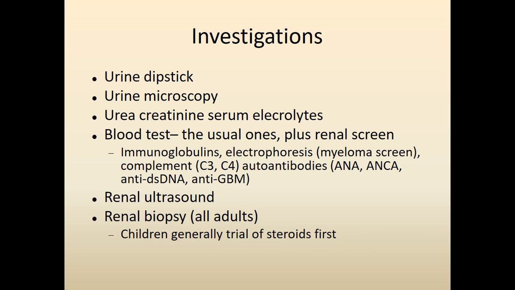These lesions are diagnosed on renal biopsy, so renal biopsy is the gold standard test in glomerulonephritis or nephrotic syndrome. But in children, we should not go directly for this test. We should give a trial of steroids, as I said earlier, because minimal change disease is 80% of pediatric cases and most commonly responds to steroids.